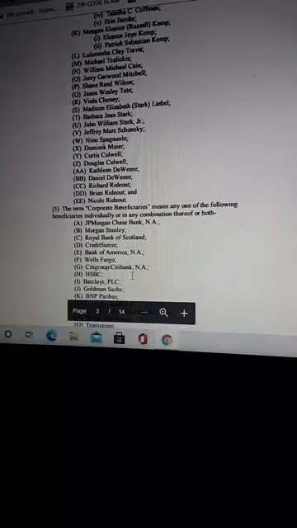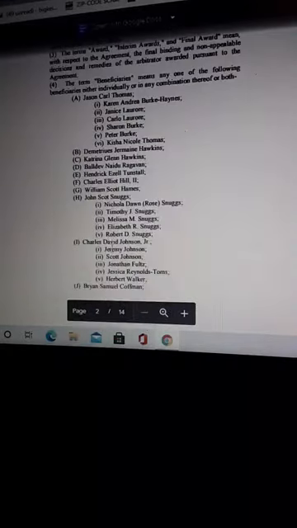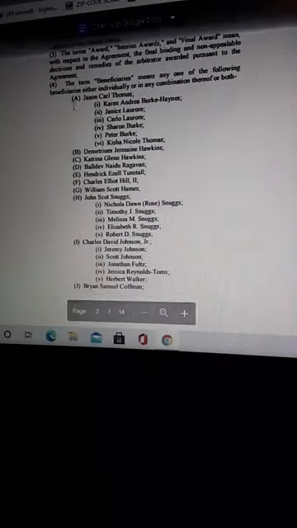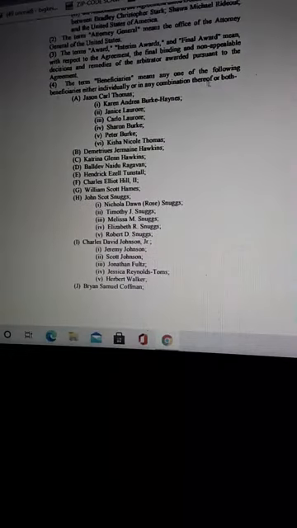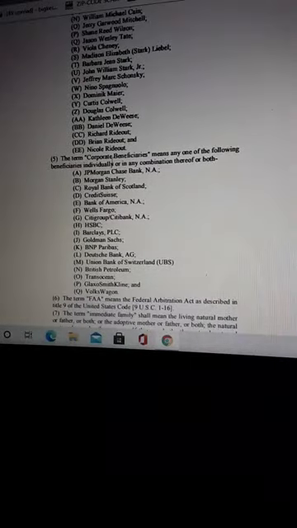These guys are the bankers. Or these guys are the beneficiaries on the private side. Then it gets down here, and these are the beneficiaries on the corporate side, the public side.